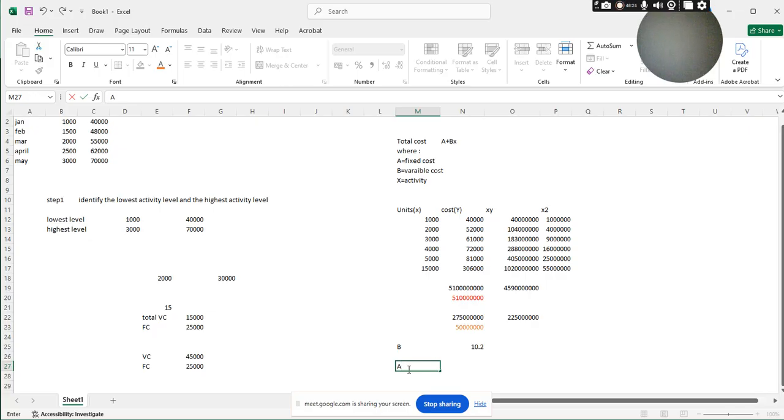Our a is summation y minus b summation x, all over n.